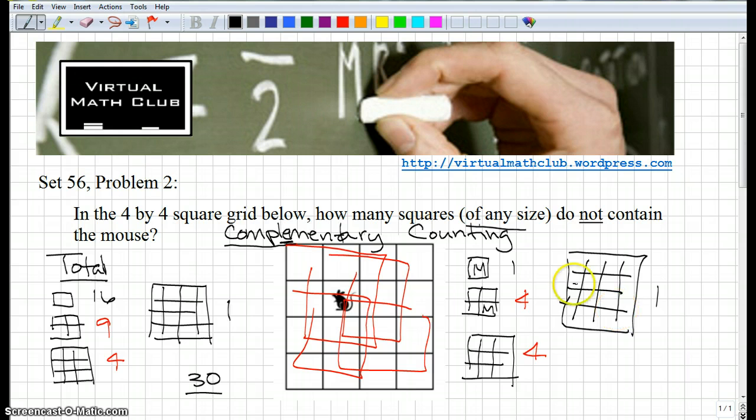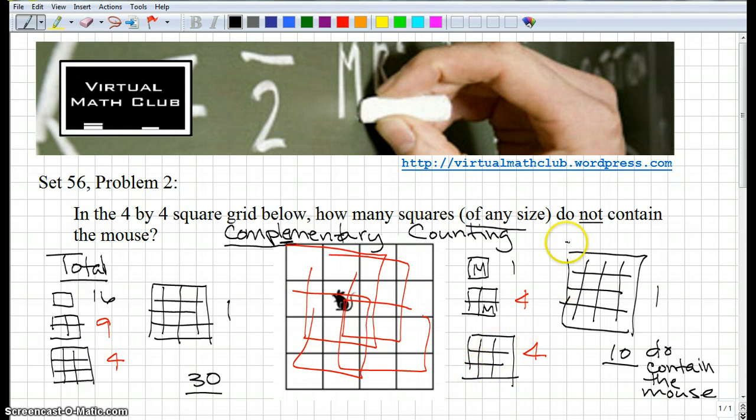So how many total do we have that do contain the mouse? So we've got 8, 9, 10. We have a total of 10 that do contain the mouse. Okay.